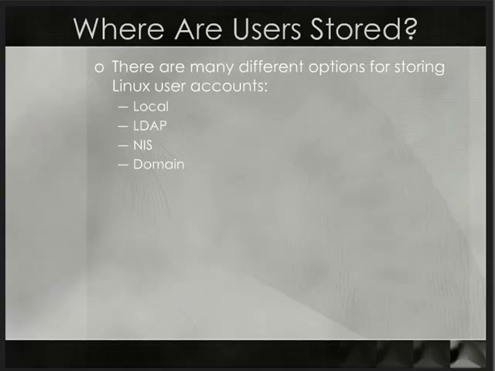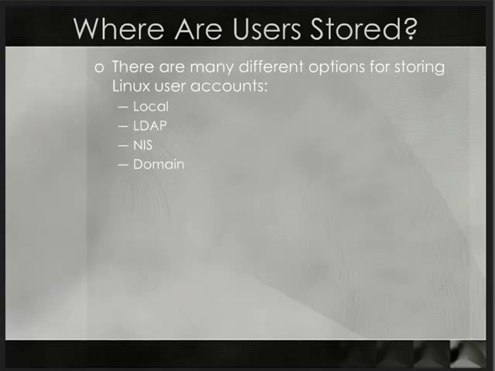However, there are other options. One option that is becoming more and more popular is the LDAP option, in which case an OpenLDAP directory service is installed on the system, and your user accounts are stored in the directory service.